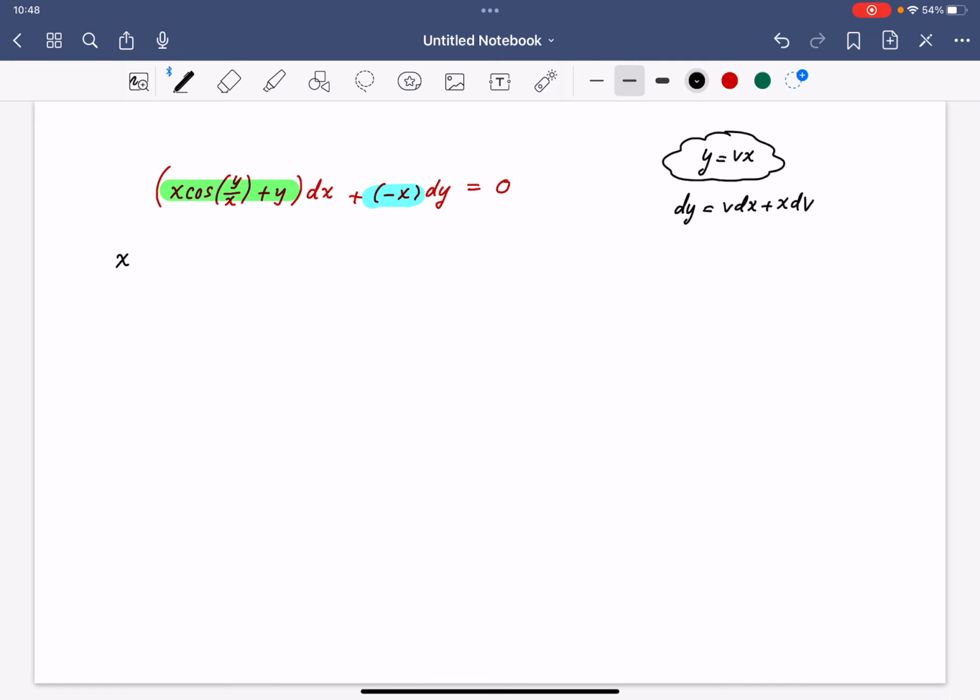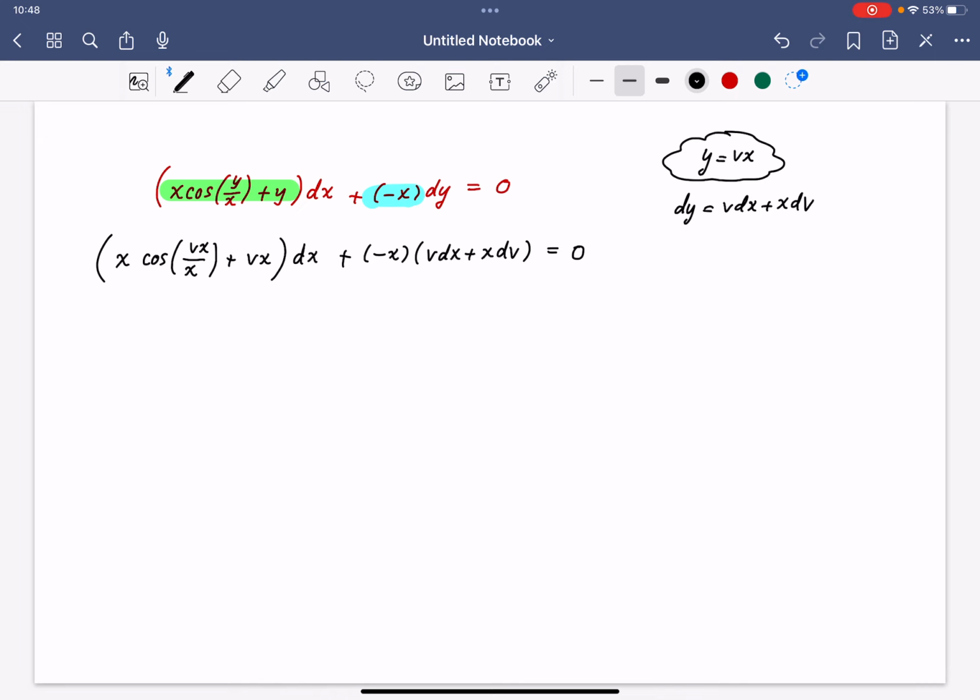So in x cosine(y), y is going to be vx. Everything looks good now on the first term because we changed y to vx. For the second one, we change y to vx and dy to v dx plus x dv.